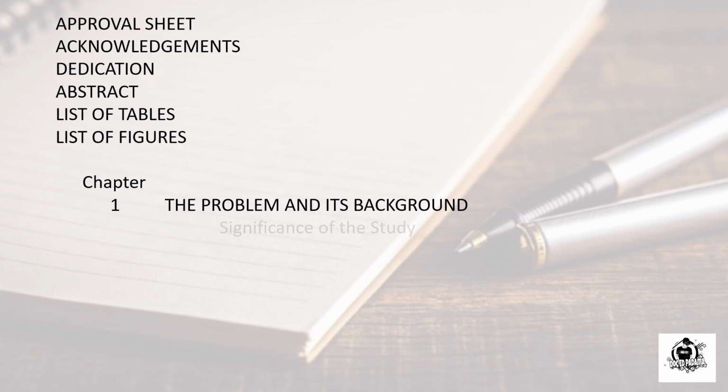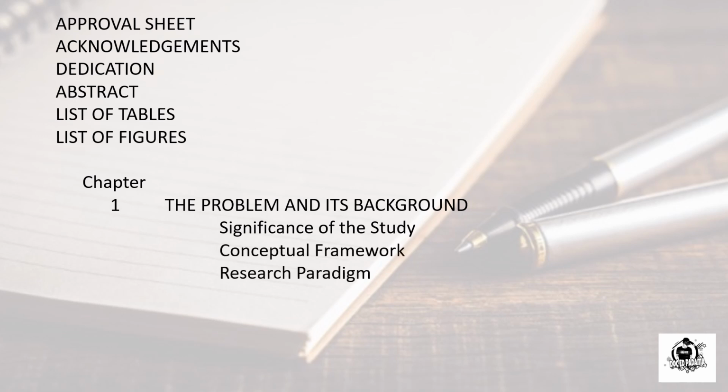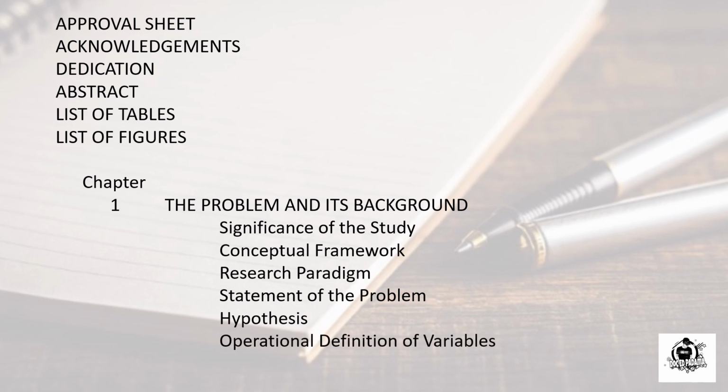It starts with the problem and its background, the significance or importance of the study, and the rationale and justification why you chose your study, the conceptual or theoretical framework, depending on what you utilize in the research process, the research paradigm, the statement of the problem or SOP, the hypothesis if you are conducting an experimental research under quantitative research, and the ODV or operational definition of variables, which was known before as the definition of terms.